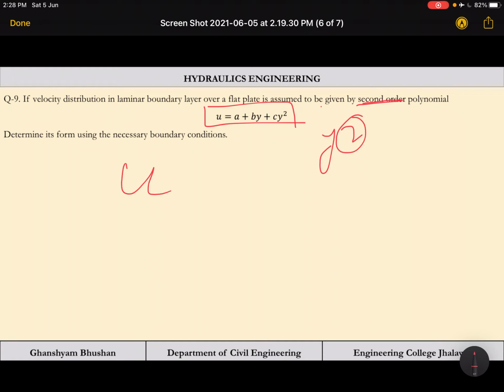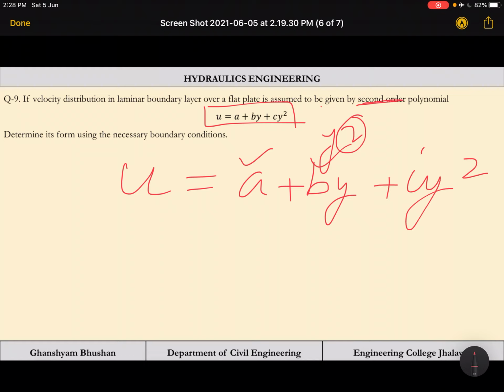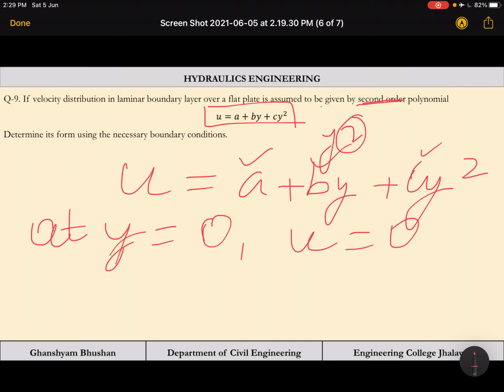So u is equal to a plus b y plus c y square. There are three unknowns, so we need three equations. The first equation is very simple. At y equal to 0, what is u? u will be 0, at the boundary. At y equal to delta, after delta the velocity becomes the velocity of the free stream.